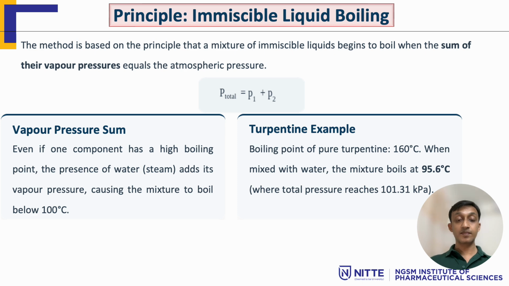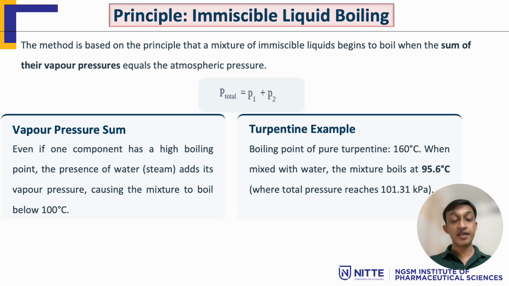Let us take an example. Turpentine has a boiling point around 160 degrees Celsius. However, when it is mixed with water, the mixture boils at approximately 95.6 degrees Celsius.